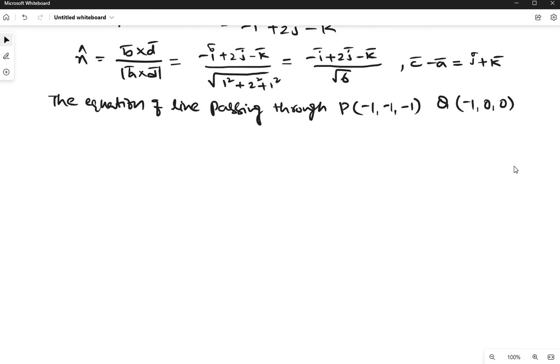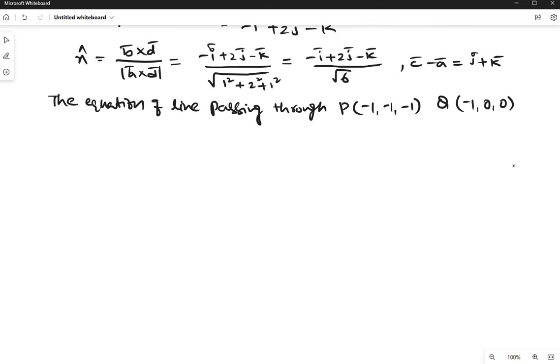Let us find the distance between these two.